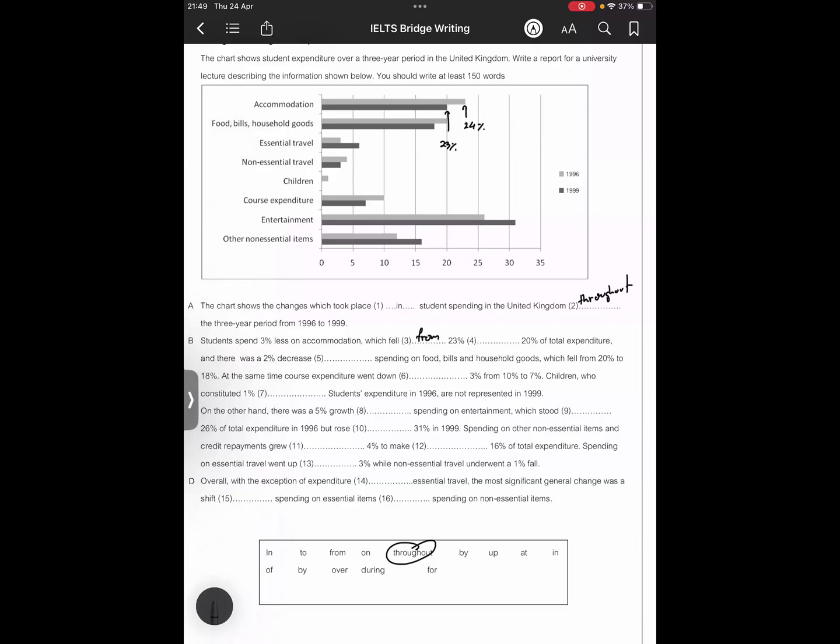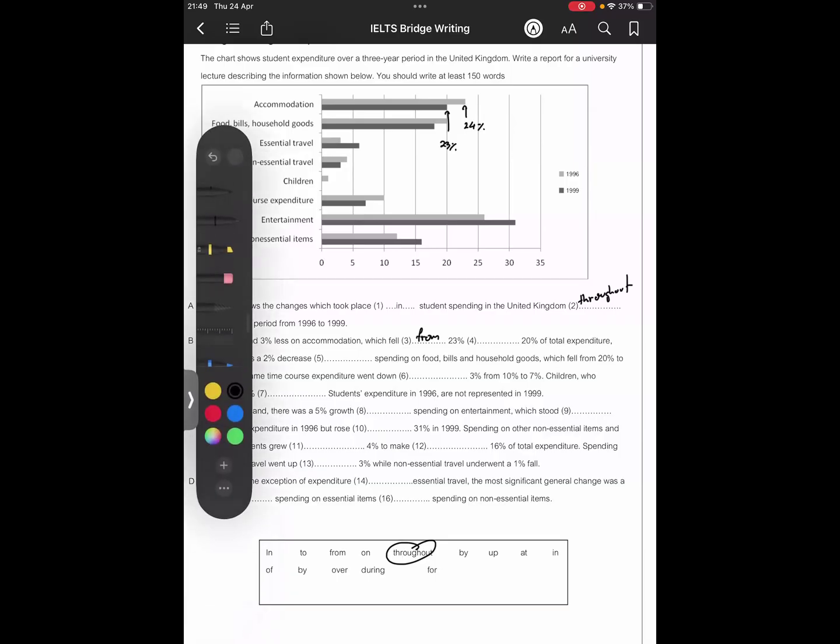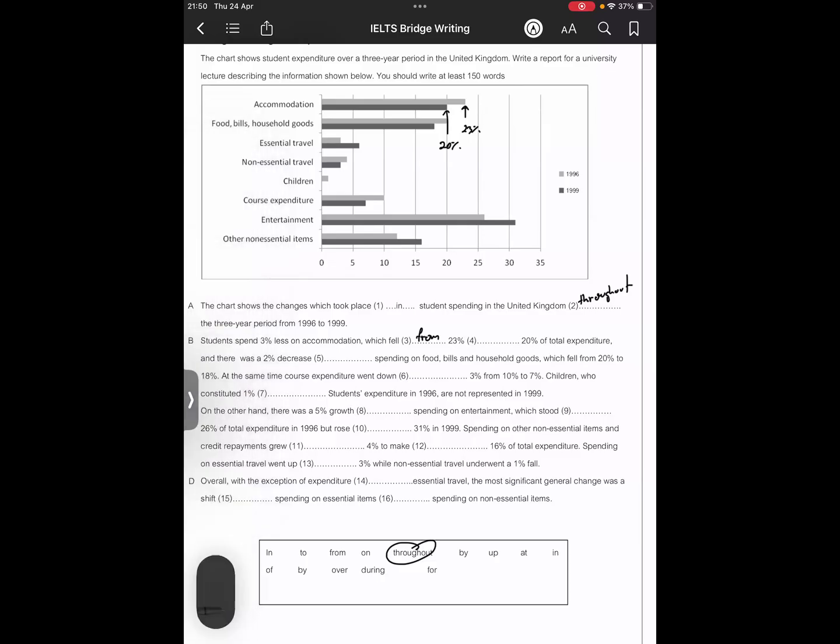Oh, wait. Oh, I'm sorry. I looked at the wrong ones. Sorry. This is 23. And this is 20%. Okay, so it fell from 23% to 20%. And there was a 2% decrease.